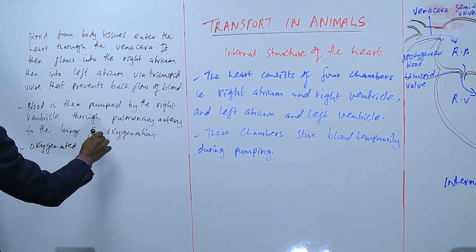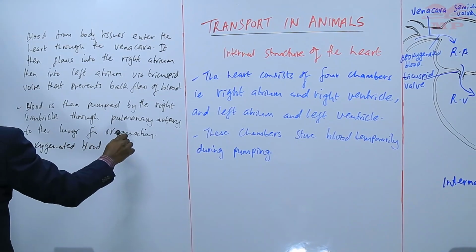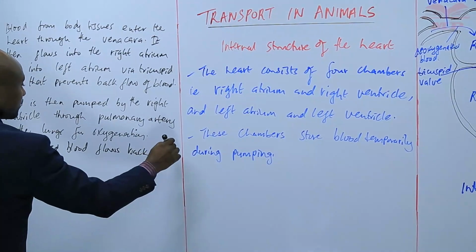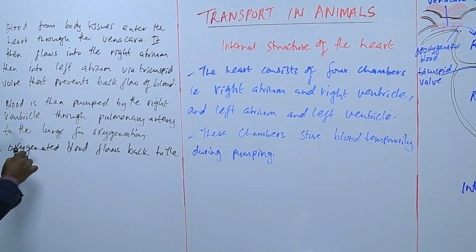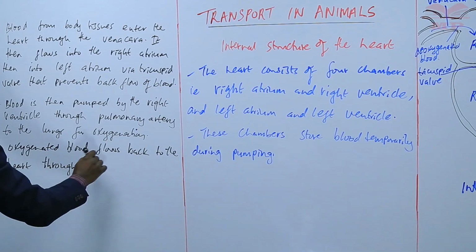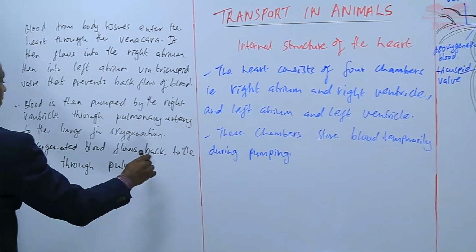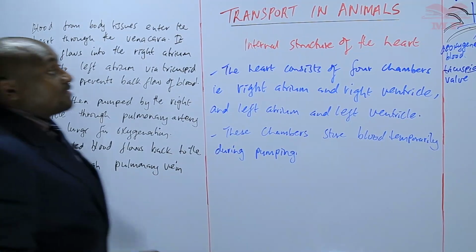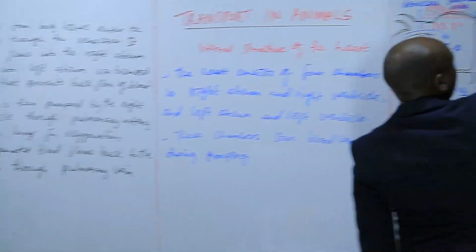Oxygenated blood flows back to the heart through the pulmonary vein. So the pulmonary vein is the only vein that carries oxygenated blood.